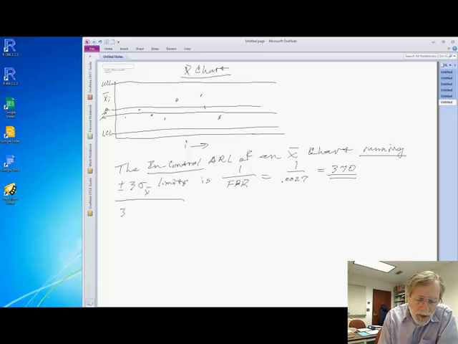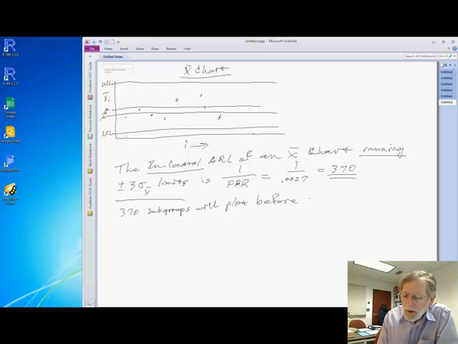So 370 subgroups will plot before one gives a signal, on average.